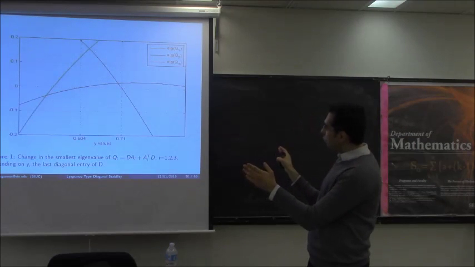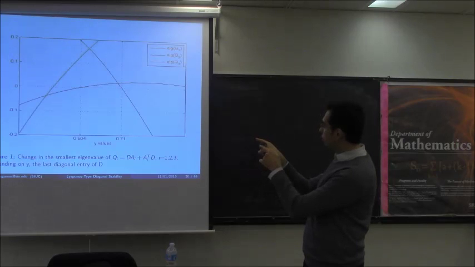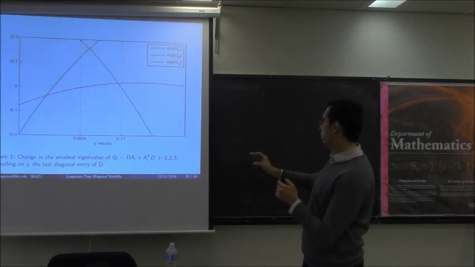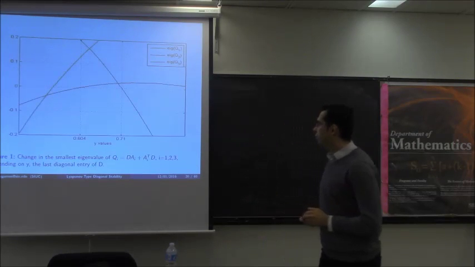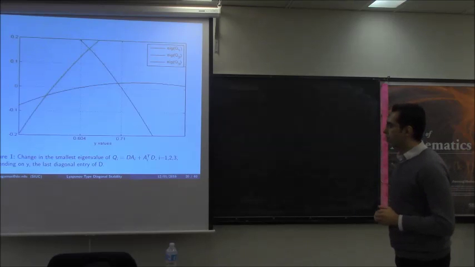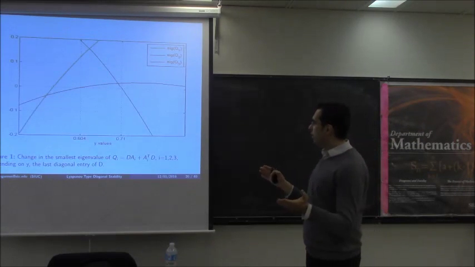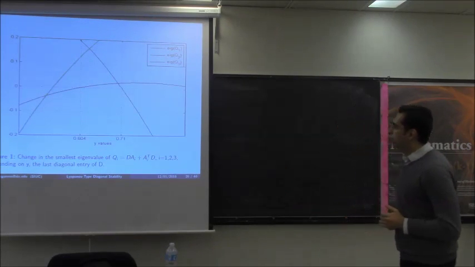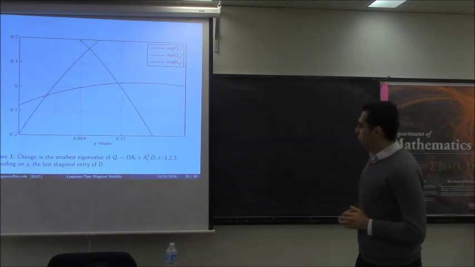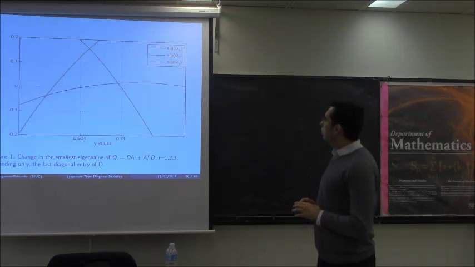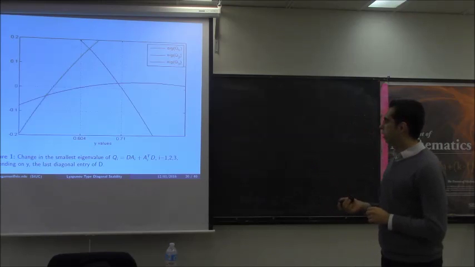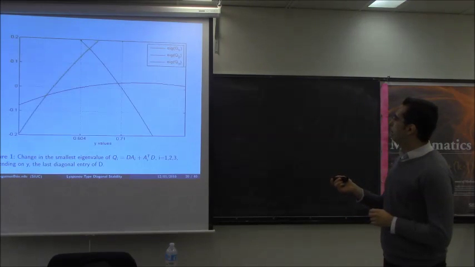If y doesn't fall in this interval, and we take any value outside this range, that means D is not a common diagonal solution. So this is the graph of the smallest eigenvalue.